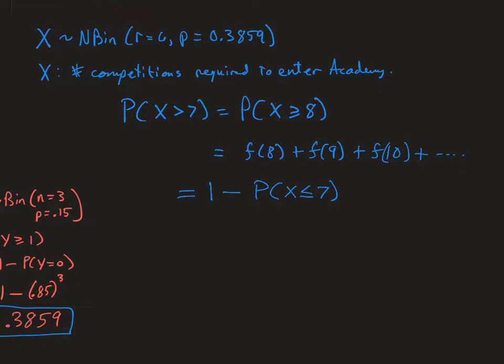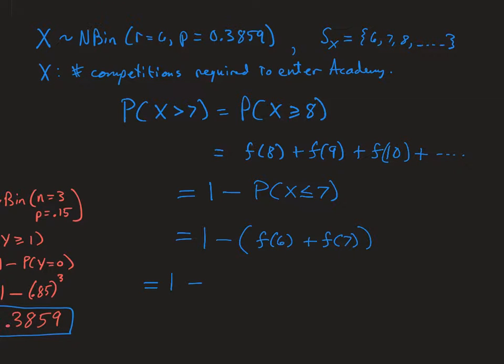Keeping in mind that the space of x starts at 6 and counts its way out, this would be 1 minus f of 6 and f of 7 taken together.